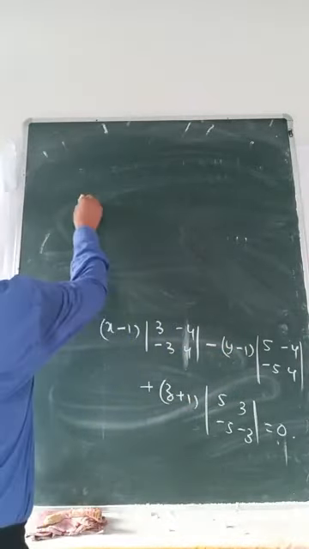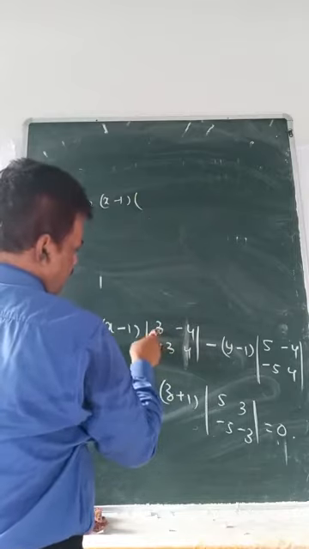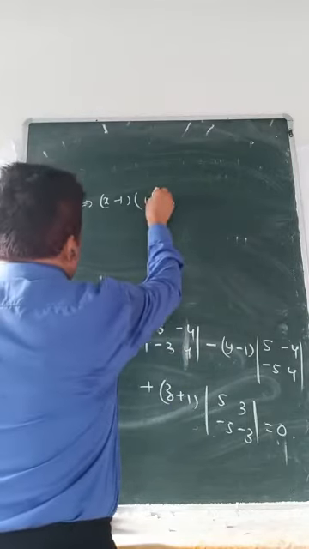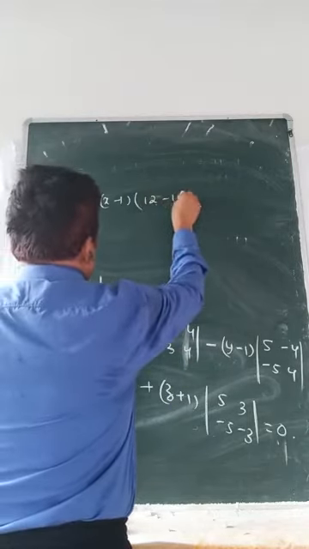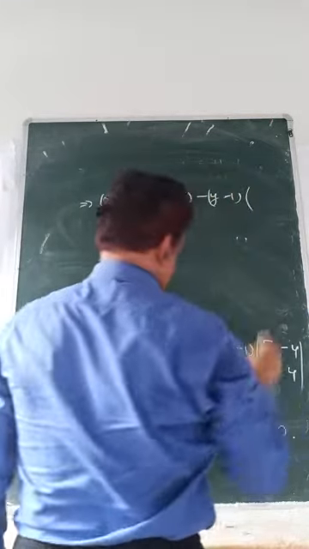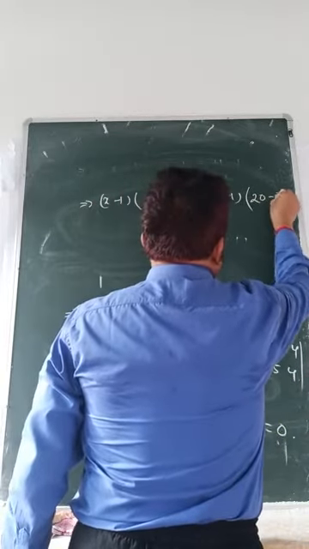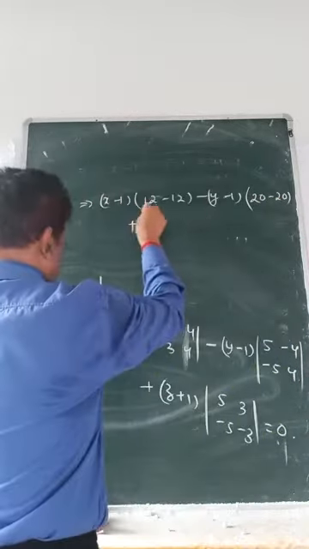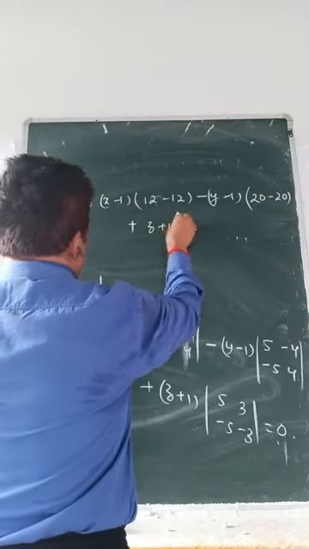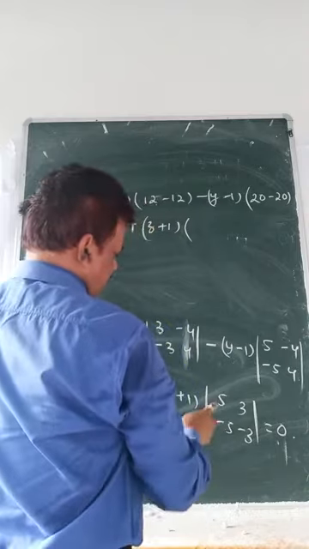So this gives you x minus 1 into 12 minus 12, minus y minus 1 into 20 minus 20, plus z plus 1 into 15 minus 15.